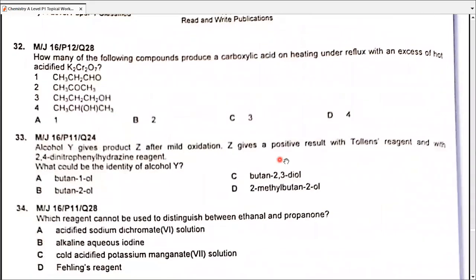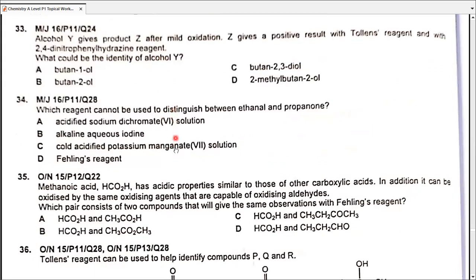Let's move on. 32. Beta. Perfect. Moving on. 33.